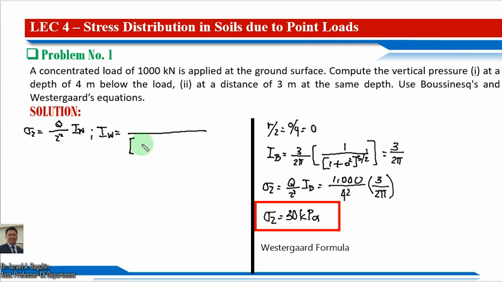So 1 plus 2 times this ratio of r over z, squared, and raised to the exponent of 3 halves. Okay, and here in the numerator is 1 over pi. So this will be now our I subscript W.